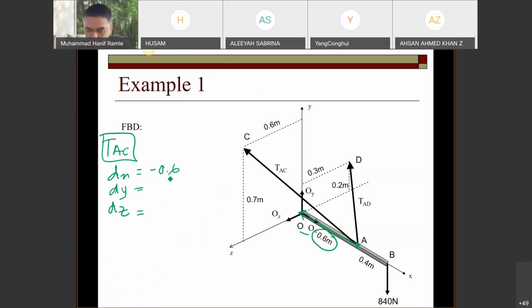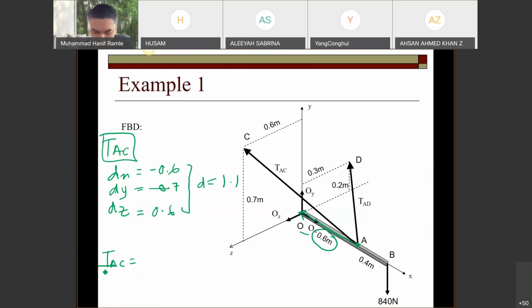What is the dy? Positive 0.7. What is dz? Positive 0.6. So you will get d from this. How much is it? 1.1. Great. Once you have dx, dy, and dz, you can put all this information into the equation.